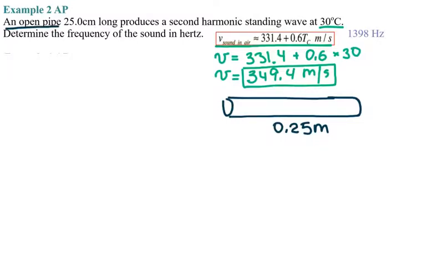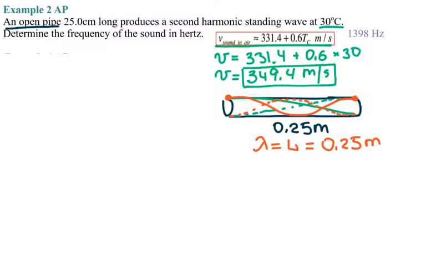So this, in green, would be the first harmonic, and this would be the reflection. And you need the second harmonic, so the second harmonic is going to look like this, and this would be the reflection of the second harmonic. From here, you can see it goes from crest to crest. So your wavelength in this case is equal to L, which equals 0.25 meters.